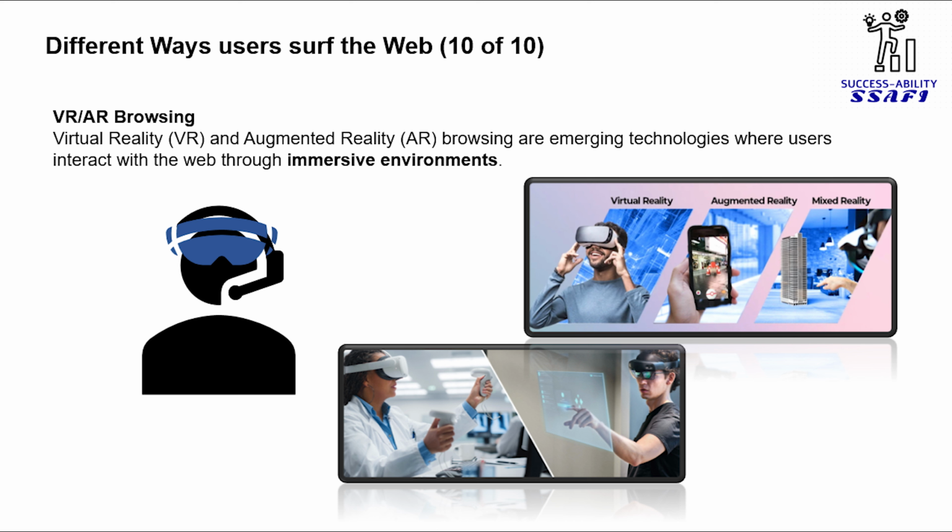The 10th and last web user group that we're exploring today are virtual reality and augmented reality users. They are interacting with the web content through immersive environments. And just for the people who might need a little bit more clarification, an immersive environment is a digital or simulated space that surrounds users and makes them feel fully engaged and involved in the environment.